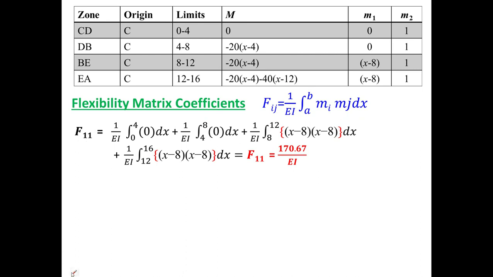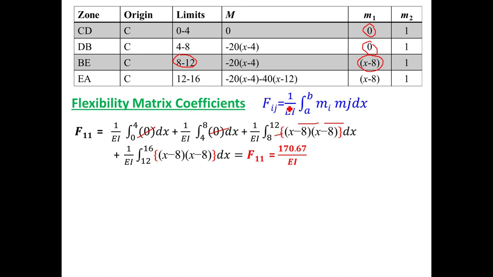F11 is equal to m1 into m1. For the first zone it is 0. Second zone also it is 0, because the m1 column elements, the moments, are 0 in the first two zones. Now the third zone it is x minus 8 into x minus 8, limits are 8 to 12 in this zone.